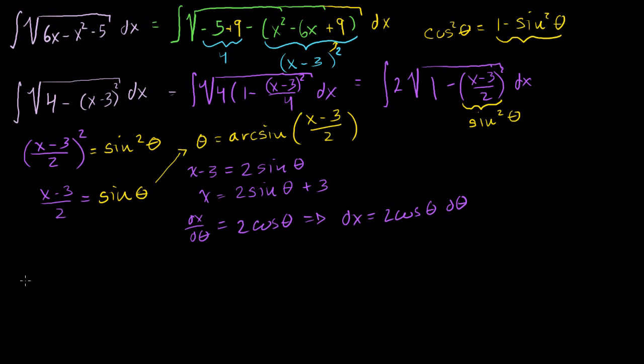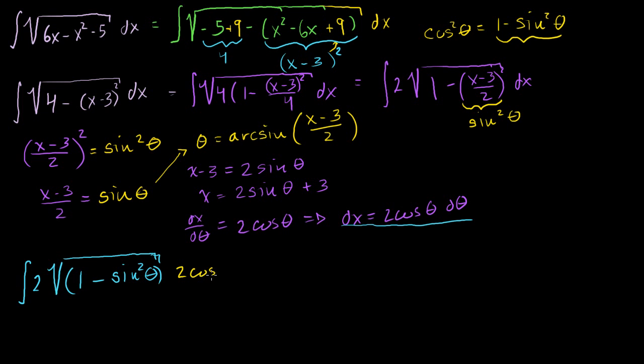So this thing will now be rewritten as the integral of 2 times the radical of 1 minus, I'm replacing this with sine squared of theta, sine squared of theta. And then all of that times dx. Well, I just said that dx is equal to 2 cosine of theta d theta.